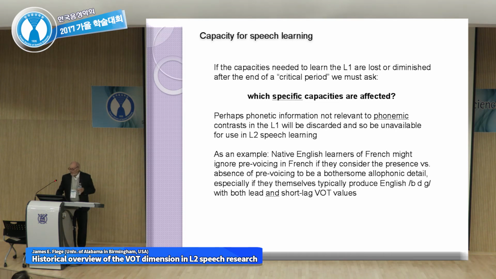As an example, native English learners of French might ignore pre-voicing in French if they consider the presence versus absence of pre-voicing to be a bothersome allophonic detail, especially if they themselves typically produce English BDG with both lead and short lag VOT.